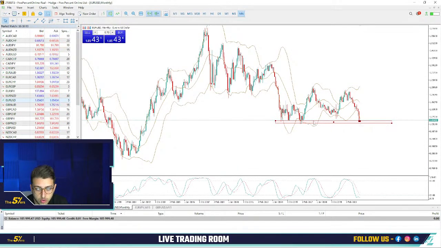If we cross this support zone, there is a high chance that we reach, let's say, I will not go far, maybe the parity. The euro dollar can be 1 if we cross this demand here. But technically, there are a lot of indicators telling us not to sell here, but the opposite, to make a buy.